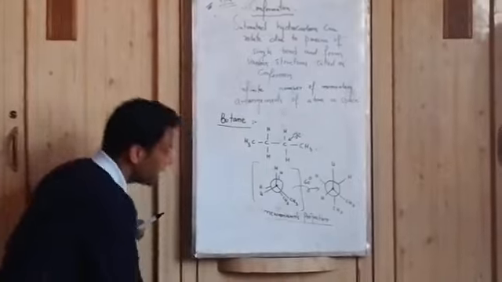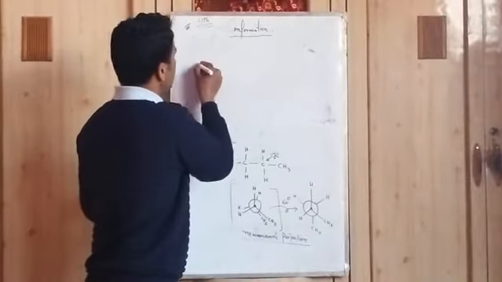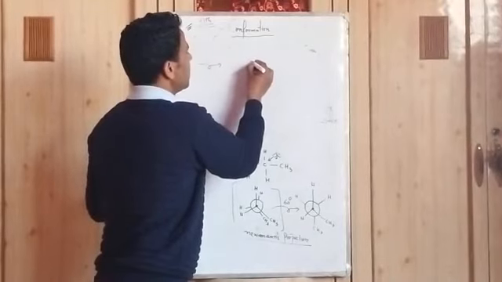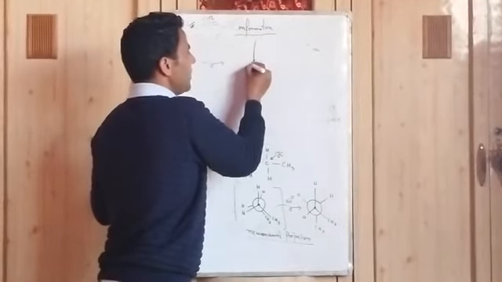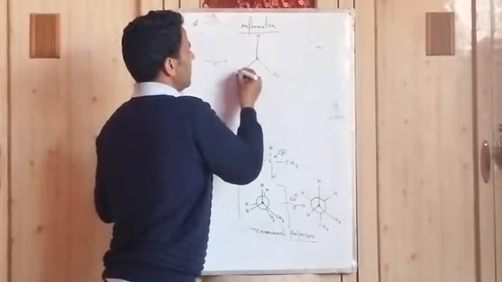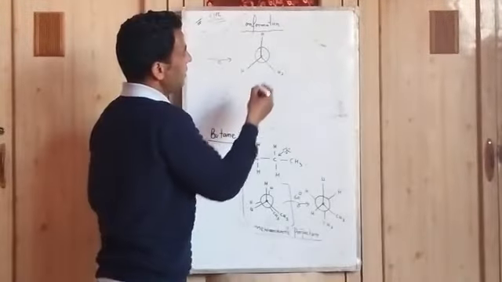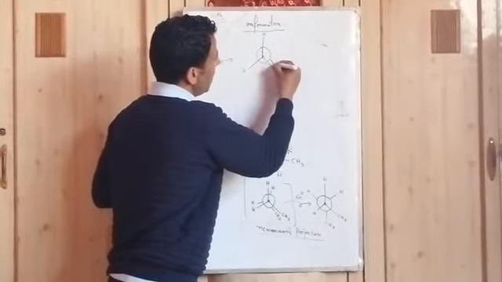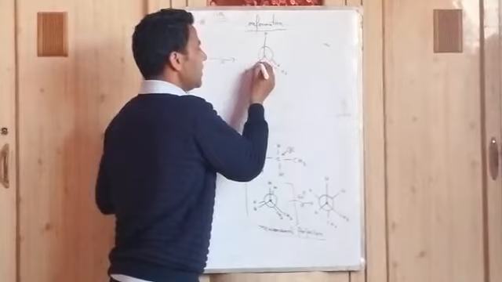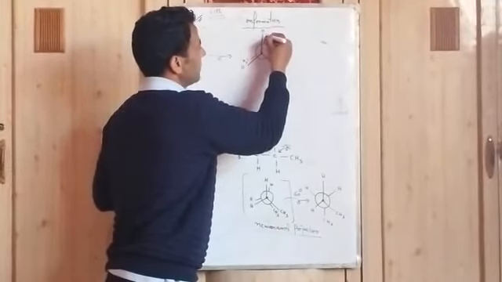And if we further rotate this structure 60 degrees, it becomes like this, keeping the first carbon fixed like this. This is CH3, this is H, this is H, and rotating the second carbon, what happens? This hydrogen comes now there, and this methyl group comes there, and this hydrogen comes there.